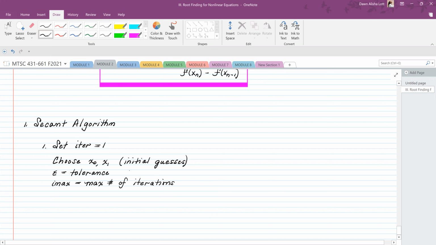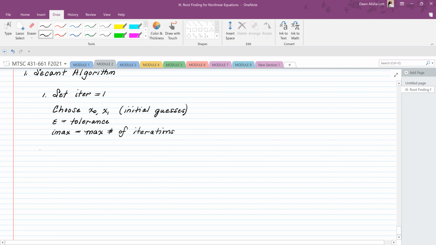Second step. We now are going to calculate x2 equal to x1 minus x1 minus x0 times f of x1, divided by f of x1 minus f of x0.